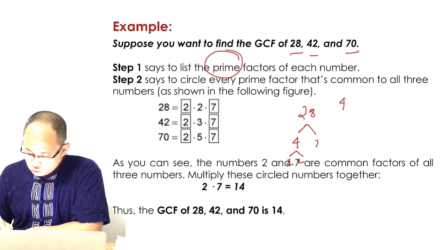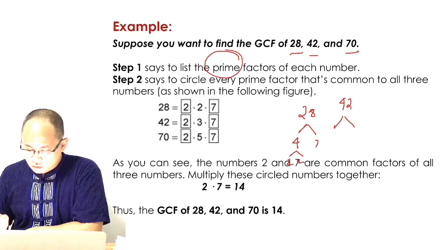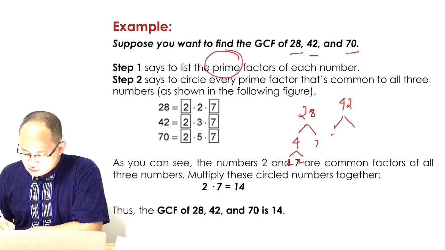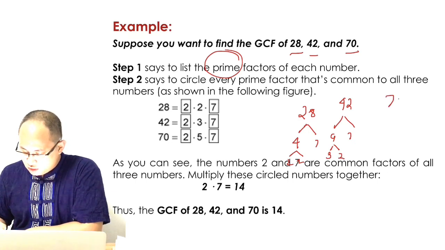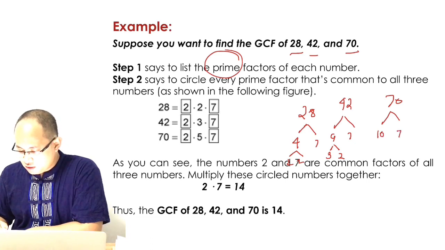You have 42: you have 6 times 7, and 3 times 2. You have 70: you have 10 times 7, and 2 times 5.